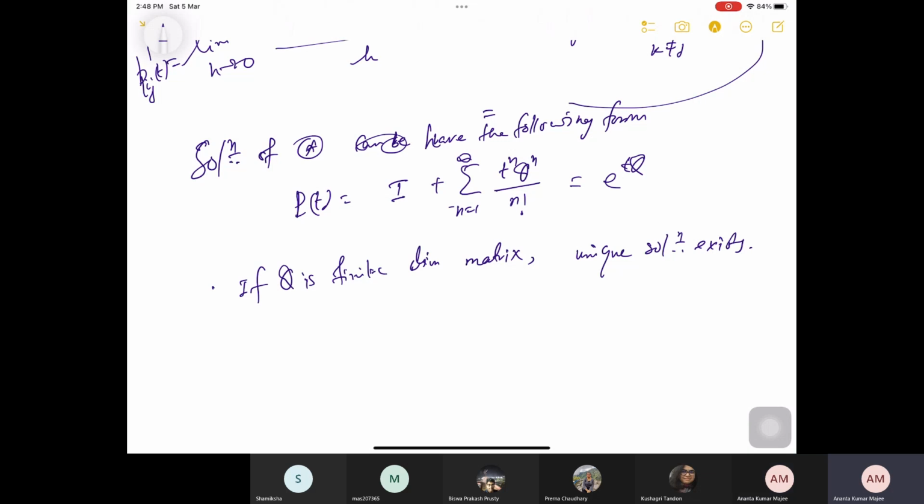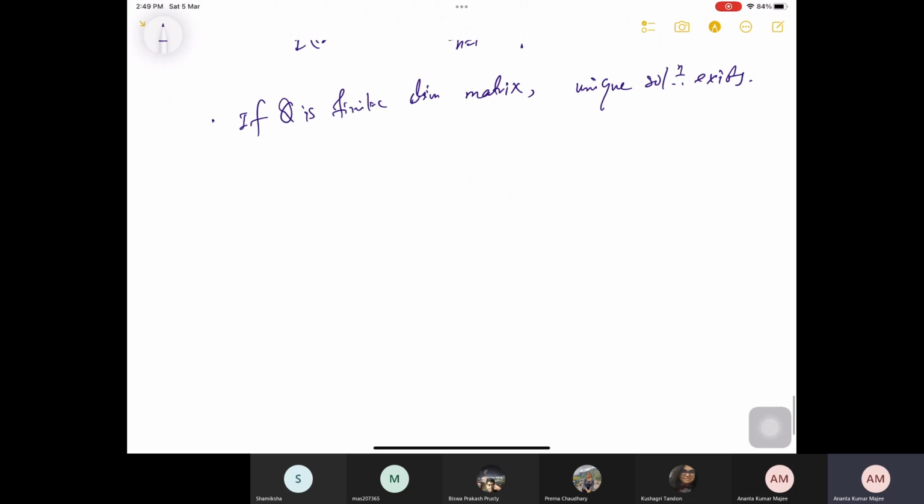Is it not? Because if you think of t times Q as just x, this is again the matrix version, so this series is basically nothing but the exponential series.